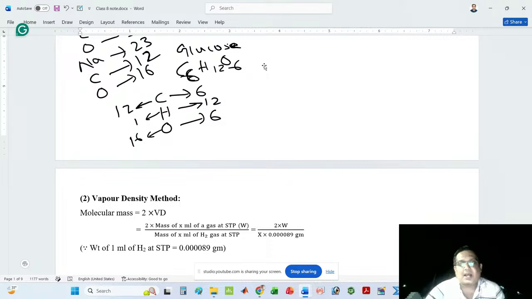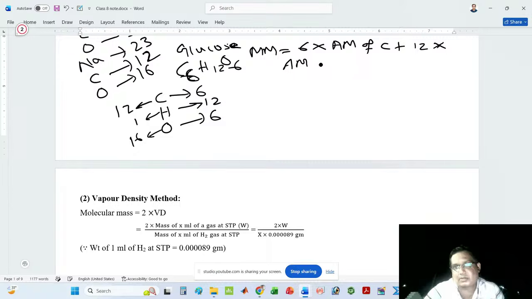As per the formula, I can write molecular mass equals 6 into the atomic mass of carbon plus 12 into the atomic mass of hydrogen plus 6 into the atomic mass of oxygen. Now put in the atomic mass of every atom.